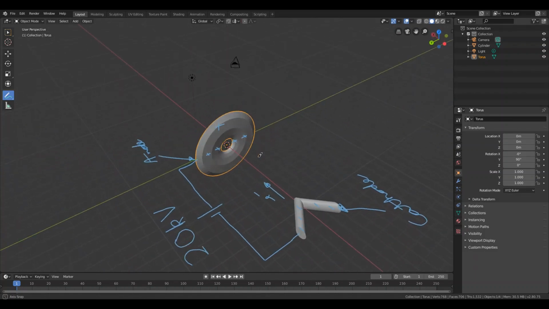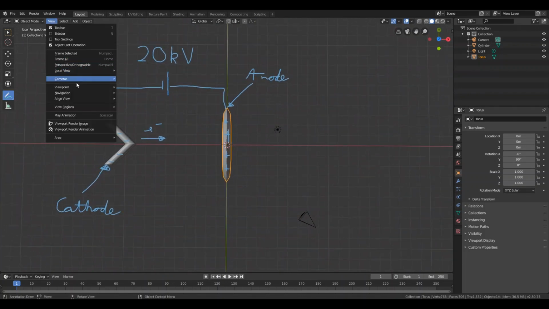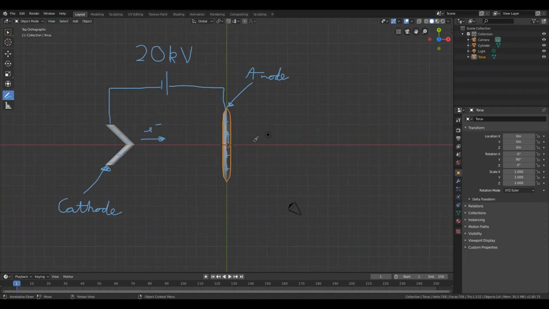Many will hit there, some of the electrons hit there. It really wants to hit this. Really.